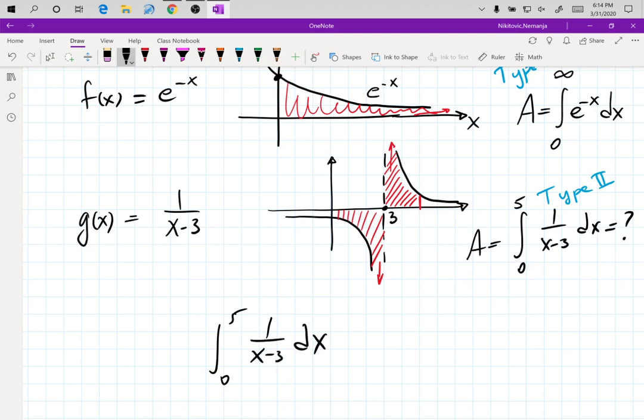If you look at it, you say, oh yeah, this is just a basic u sub, it's ln of x minus 3, you know how to solve this. But the issue is that it goes over the asymptote and the area under it might be infinite, and that's a problem.